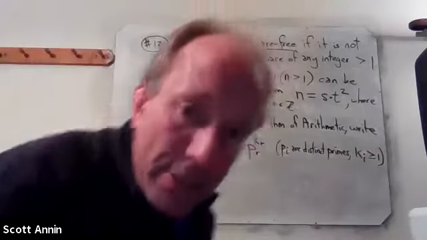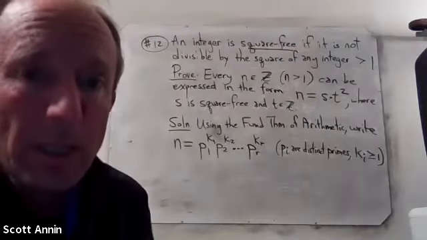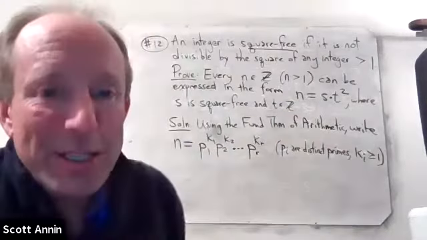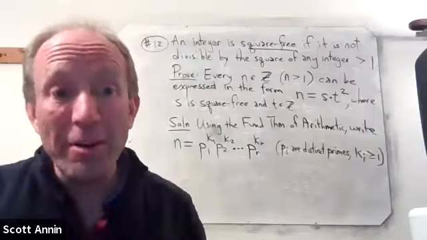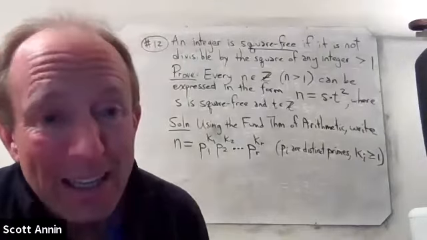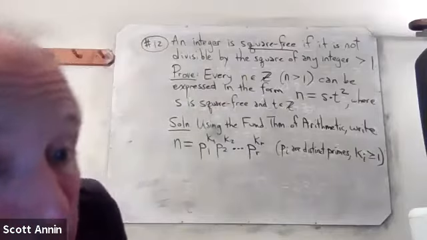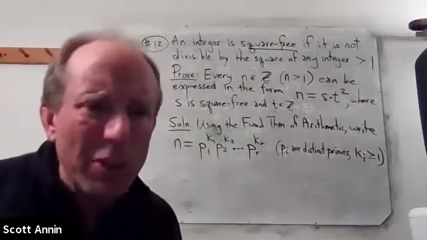Those are just going to be at least 1. So we know that every integer has this kind of a representation. It's the fundamental theorem of arithmetic. And so we're actually going back to earlier in the semester, right? We did this first or second week.